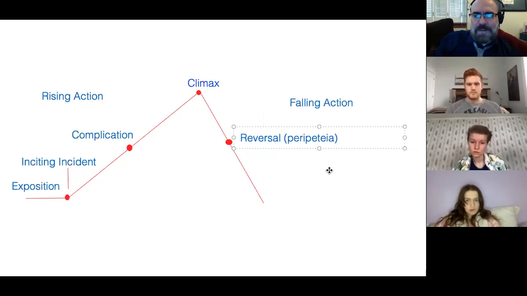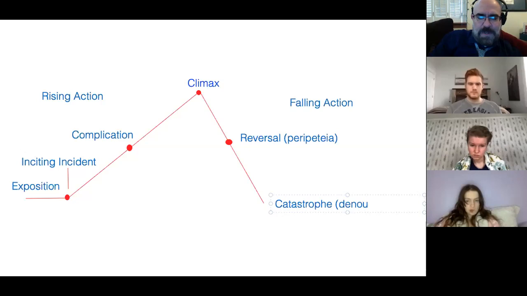The death of Macbeth is actually the resolution that wraps up the reversal elements. In other words, the relative power is over with his death. And then at the very end, we have the catastrophe, which is a French term.